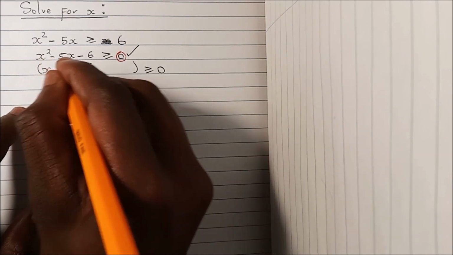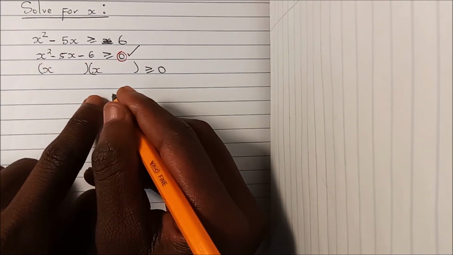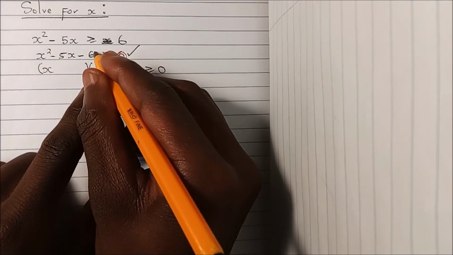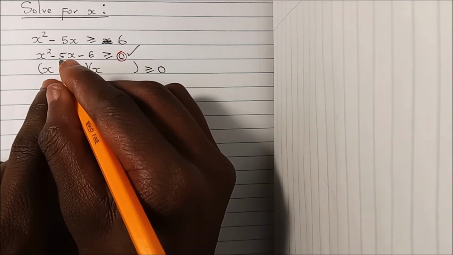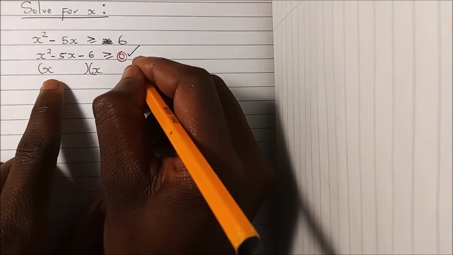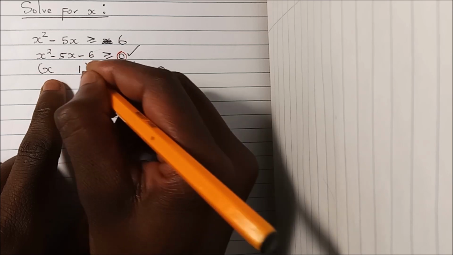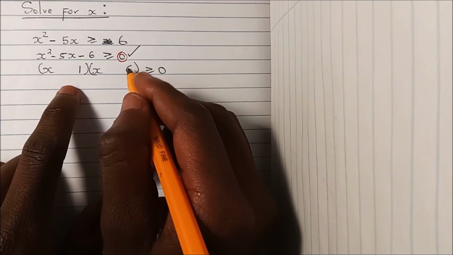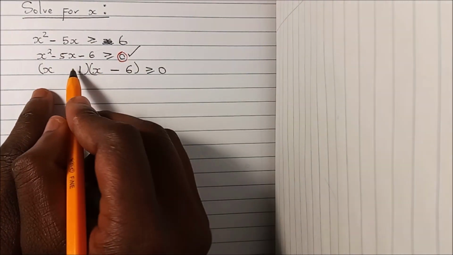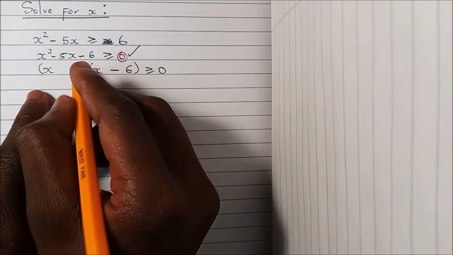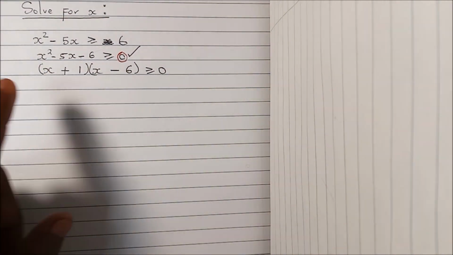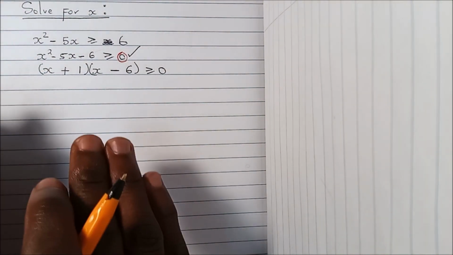It's going to be x. Two numbers that when you multiply give you 6, when you add or subtract give you 5. It's 6 and 1. Which one is bigger? It's 6, so the sign will be negative. Since the last sign is negative, obviously here it has to be positive. So these are our factors.